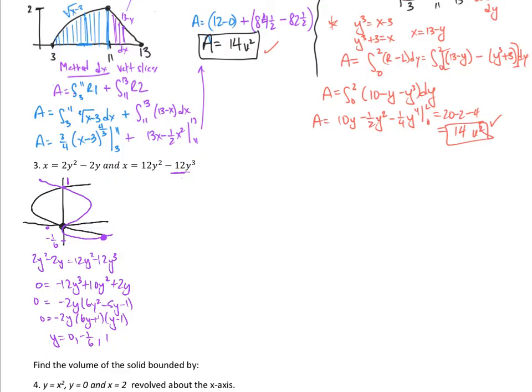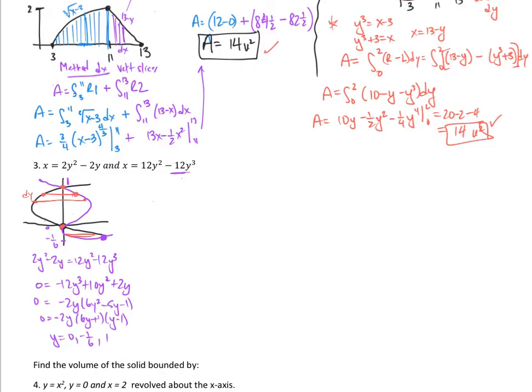So instead, we have to take our slices horizontal, and let's use a different color to show you that. So we need to take our slices to be horizontal like this, right minus left, and go from this point to that point, from 0 to 1, right equation minus left equation, and that gives me dy. And then I have to do it for down here, right minus left.